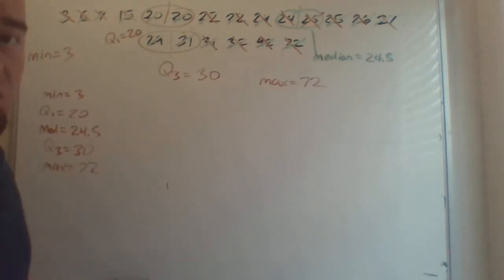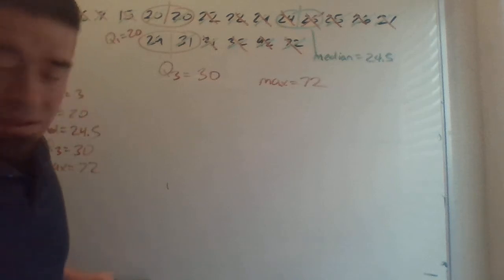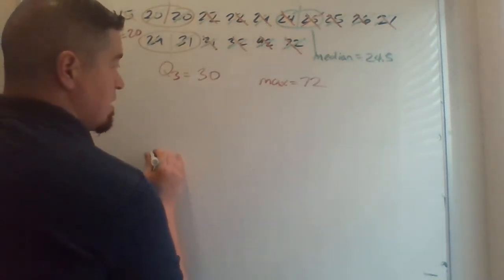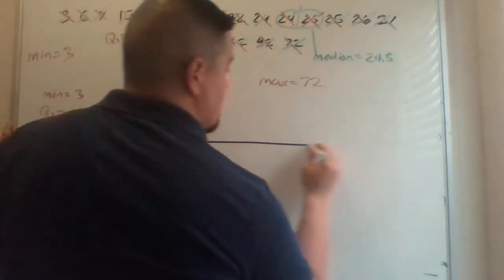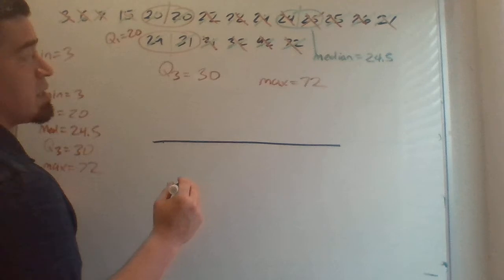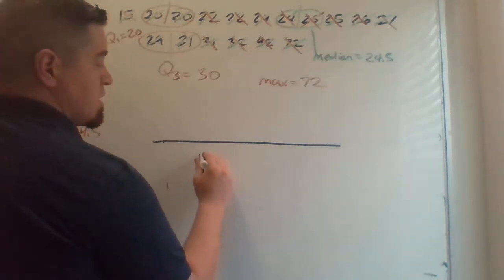I'm going to show you two types of box plots. One is a fairly straightforward, simple box plot. I'm going to draw an axis, just an x-axis, and this data was number of months of employment on your slide.